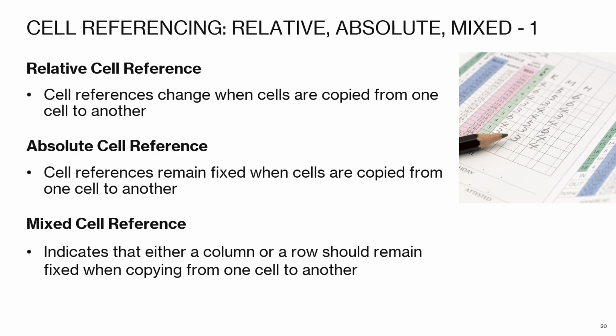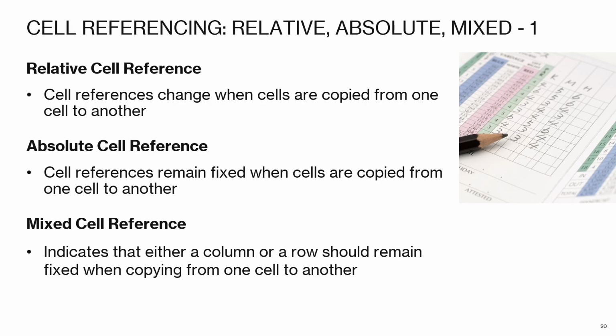Absolute cell referencing means that whenever I copy a formula to a new place, I've made it so that the cell reference will be fixed. So it will not change when I copy that cell from one place to another. And then the mixed cell reference means that I can decide maybe I need the column to stay fixed, but the rows can change, or the rows can stay fixed, but the columns can change.